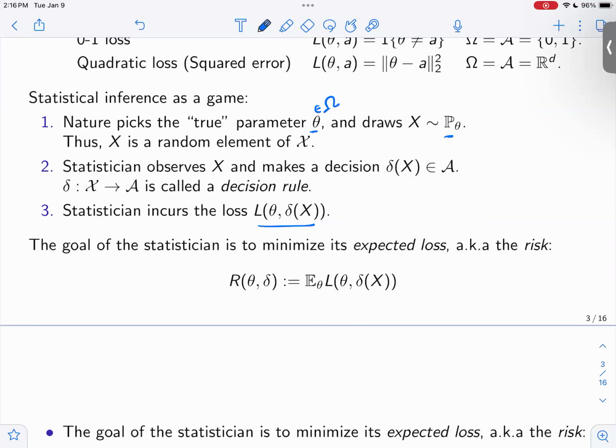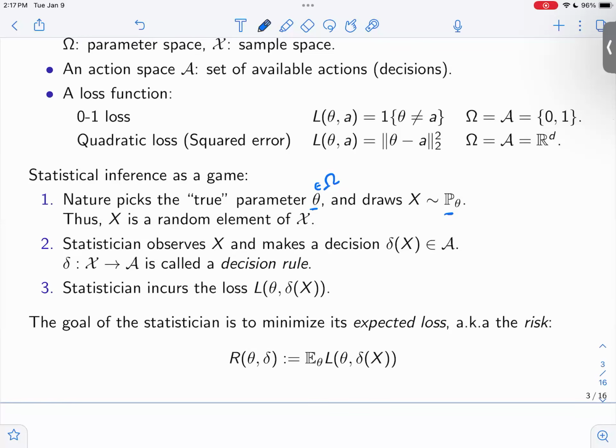If you imagine that the action space is the same as the parameter space, then the action you can think of as your guess of the actual parameter. So you can think of this A as a guess of theta, then this makes sense. So these types of losses make sense.